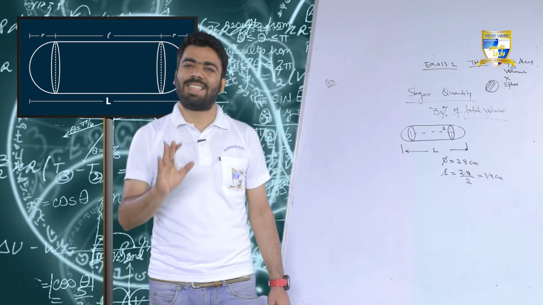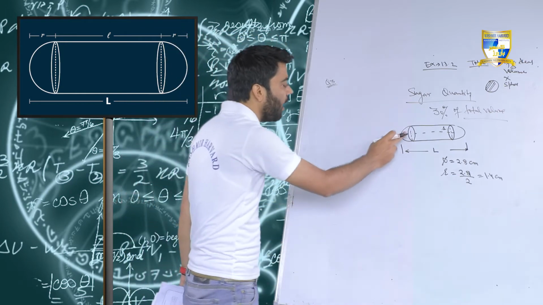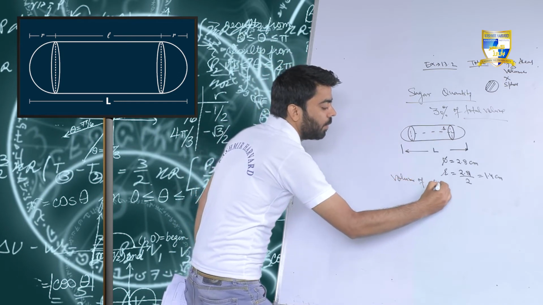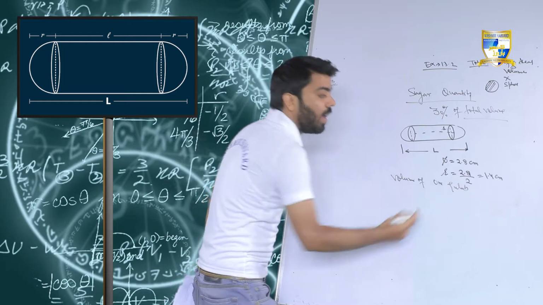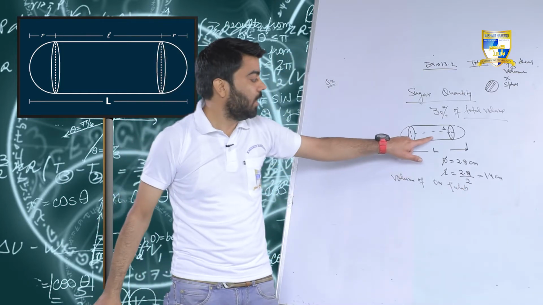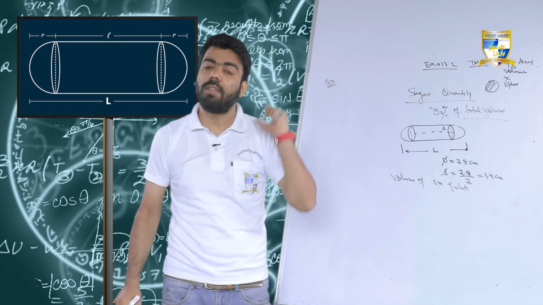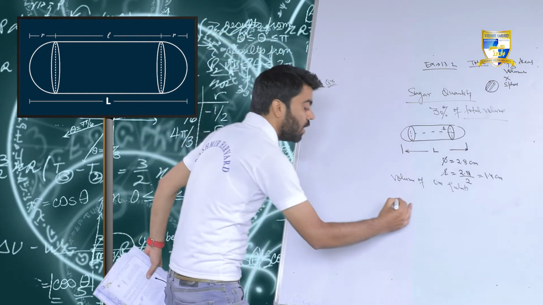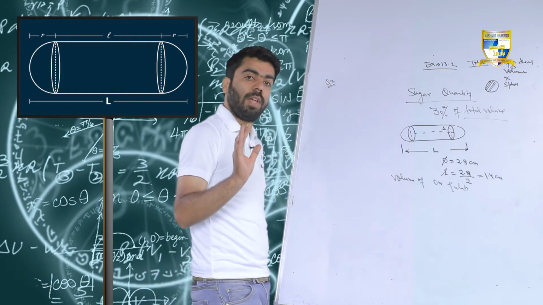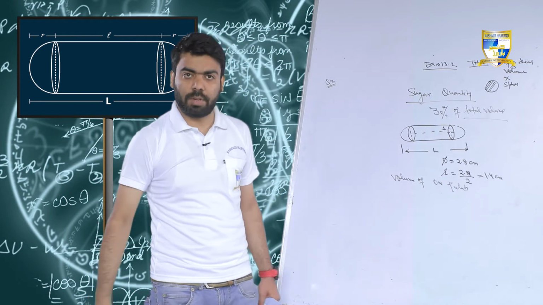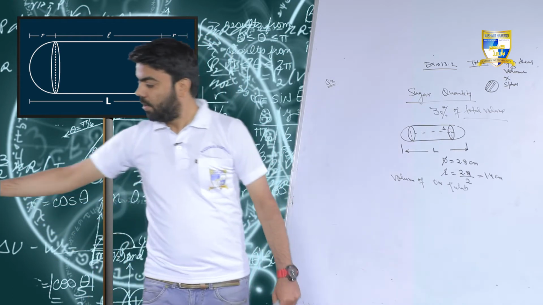So our approach is simple. We will find the volume of one gulab jamun, whose shape is this. But we have to find it for 45 gulab jamuns, so the total volume of the 45 gulab jamuns will be the volume of one gulab jamun multiplied by 45. Clear?